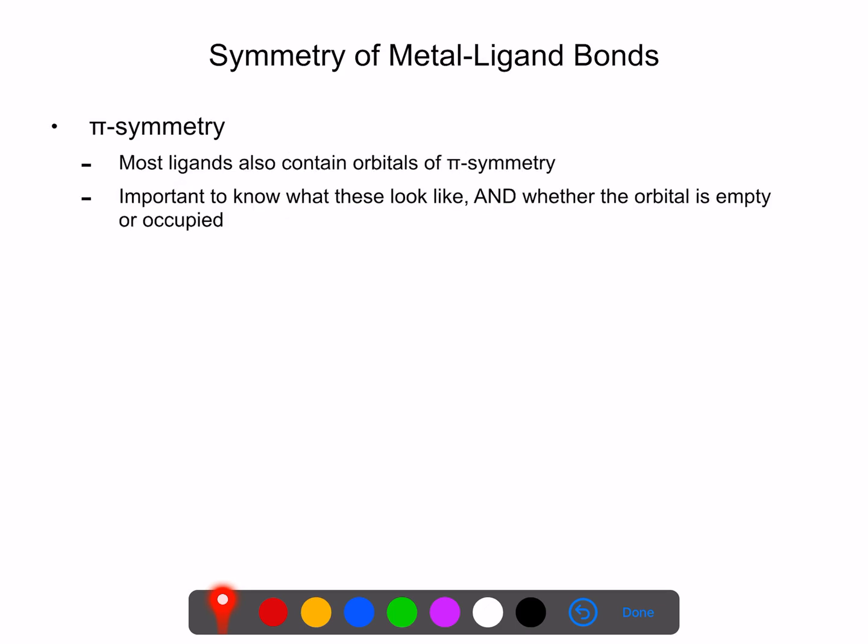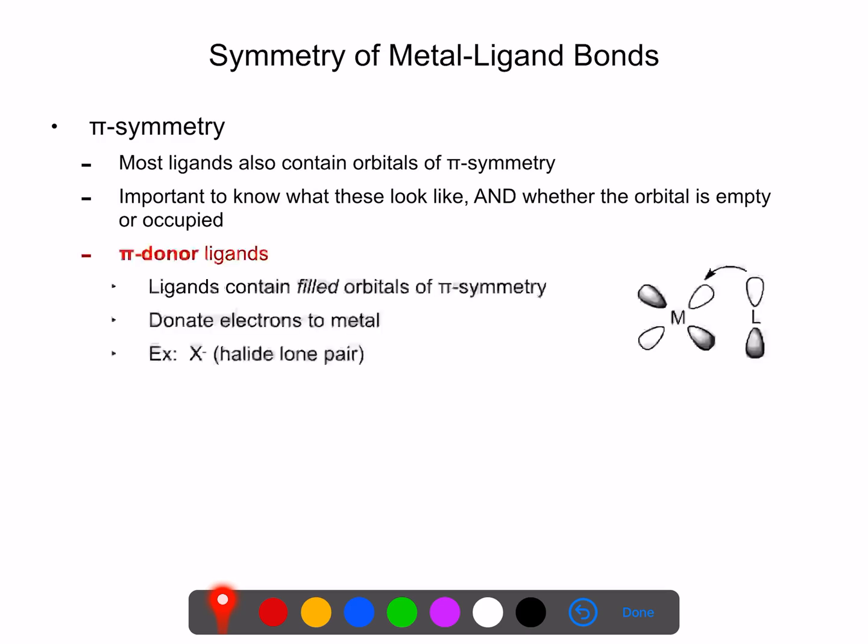The second type of symmetry we can think about after sigma is what's known as pi symmetry. Many ligands contain pi symmetry bonding to the metal. And what's important about these is we need to understand what orbitals are present and which direction this bonding goes in.